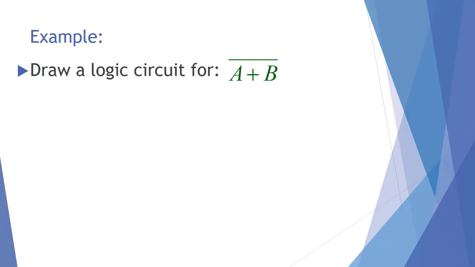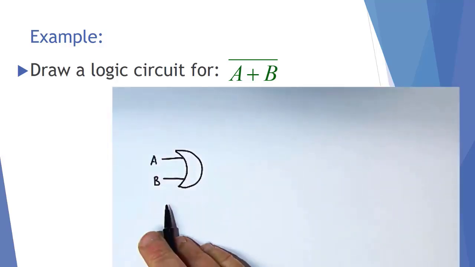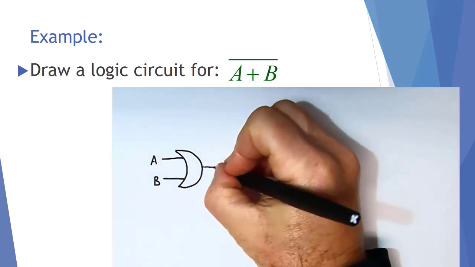So let's jump right in here and draw a logic circuit. Let's draw a logic circuit for the negation of A or B. Well, this is really a question of order of operations. That negation line up above A or B depends on what the output of A or B is. So we would start with an OR gate with, of course, two inputs, A and B, and that's going to produce some output.